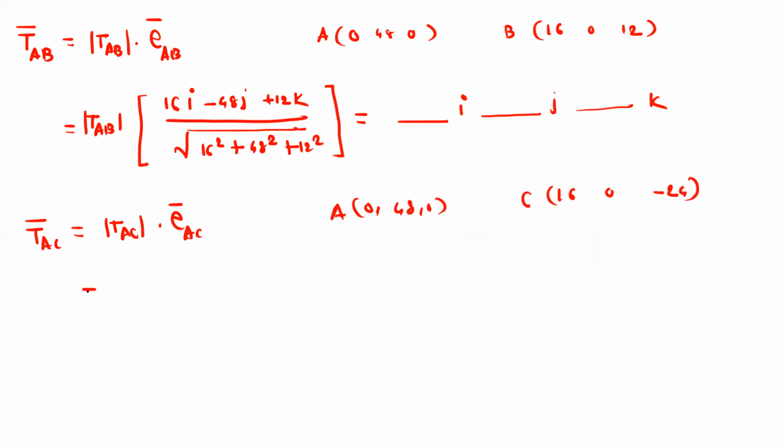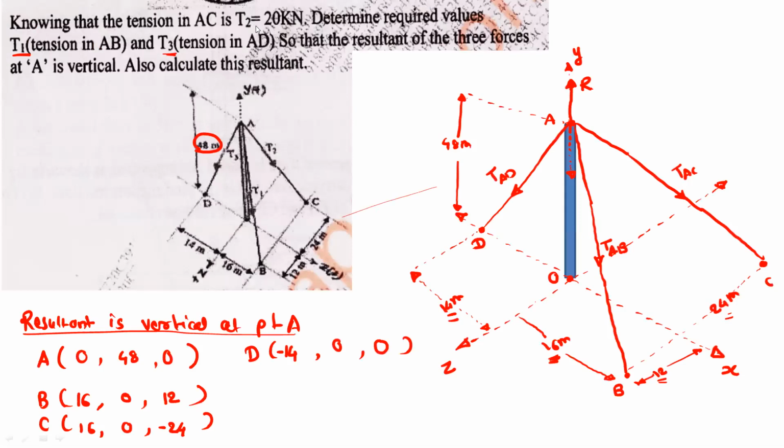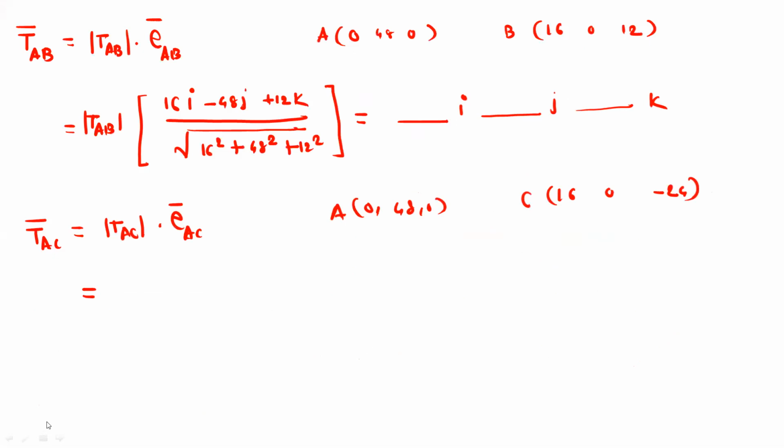Tension AC is given in the problem, represented as tension T2, which is equal to 20 kilonewton. So this modulus is 20 kilonewton into unit vector AC.